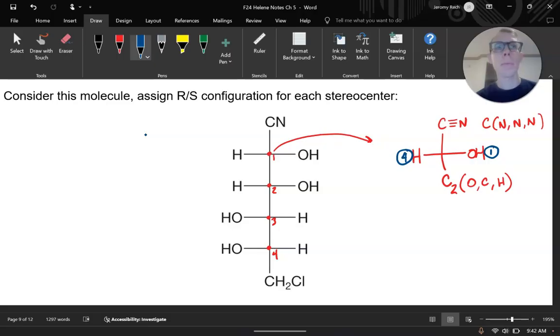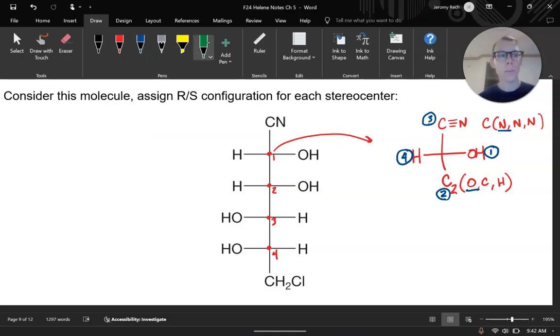And when we think about the periodic table, our oxygen is going to have higher priority than our nitrogen. So we're going to put a 2 down here and a 3 down here because we're comparing that oxygen and the nitrogen. And it goes carbon, nitrogen, oxygen. Carbon wants 4 bonds, nitrogen wants 3 bonds, oxygen wants 2 bonds, and then something like a fluorine or chlorine wants 1 bond. So we're going to the right there on the periodic table.